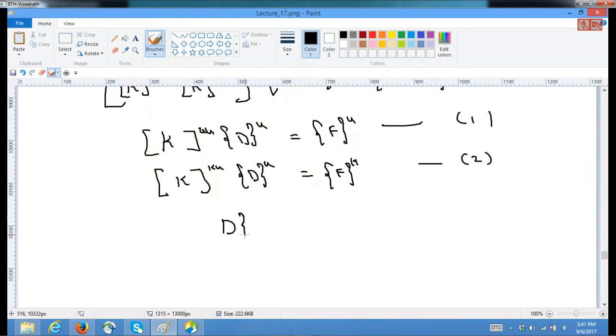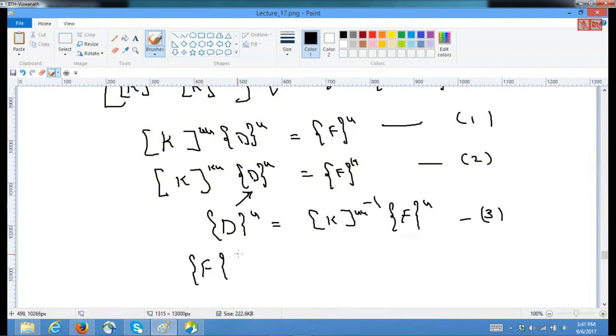Now let us use equation 1. D unknowns is nothing but k uu inverse times Fu, and once you know this, you take this and substitute in equation 2, you get Fk, which is nothing but reaction forces at the supports, because where you have constrained it, there you will develop reaction forces. So Fks are nothing but your reaction forces.